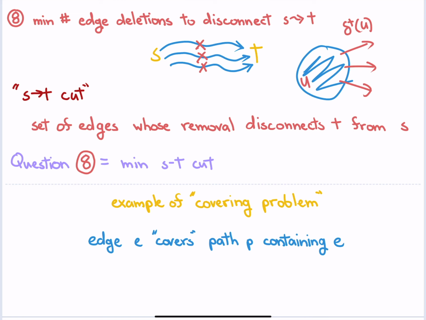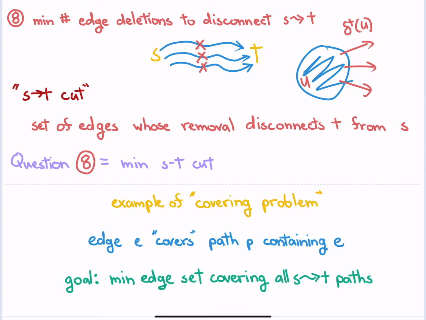We can think of this as a covering problem where an edge covers any path that contains the edge. The goal is to take a set of edges that covers every path from S to T, which is to say I take at least one edge from every path from S to T. If you do that, then you can't get from S to T anymore. So in that sense, we can call it a covering problem.